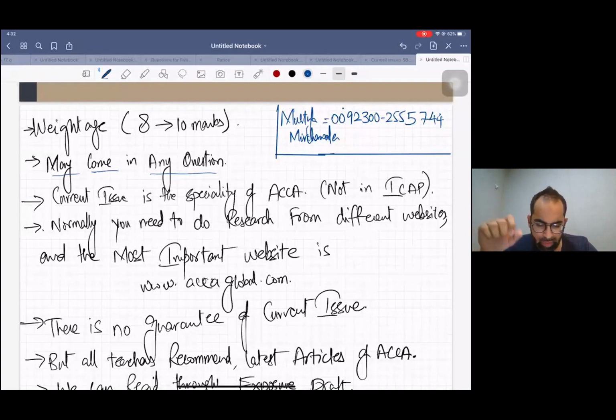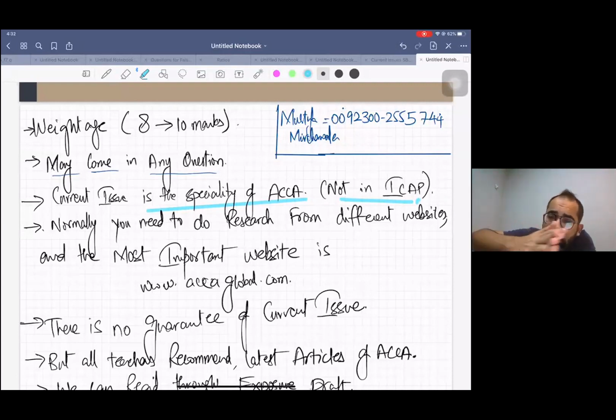Now, one more thing, current issue is the specialty of ACCA. If you look at other qualifications like ICAP, even ICW, they don't test the current issue, because the current issue is related to those standards which are not yet applicable in this world. They are in process, in the form of exposure drafts.